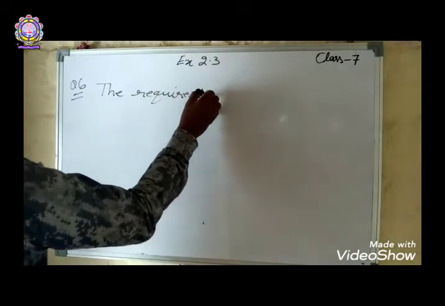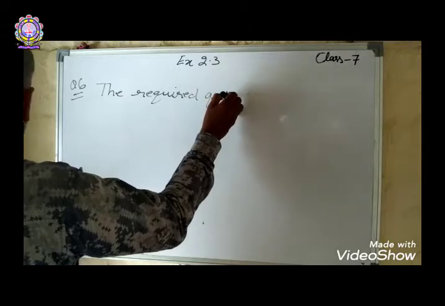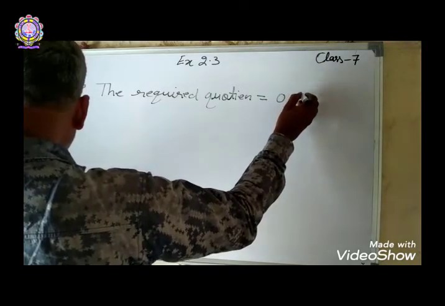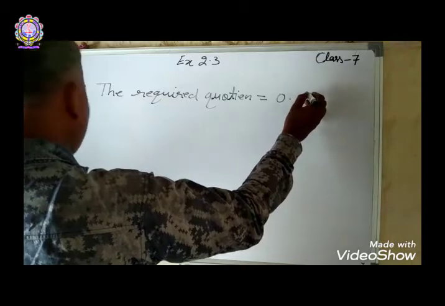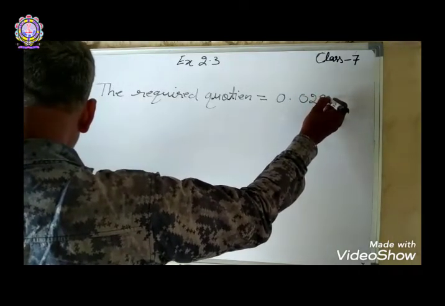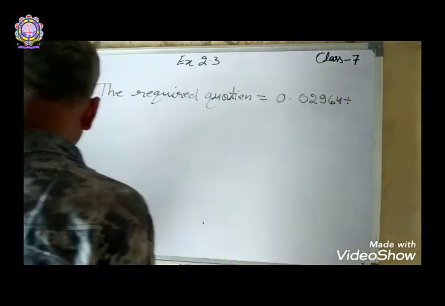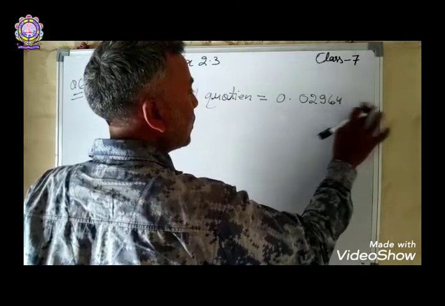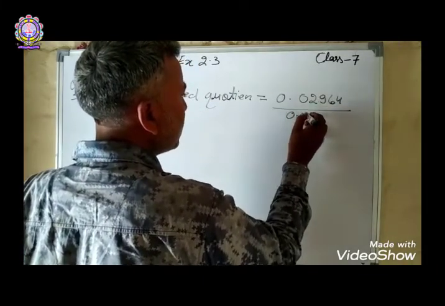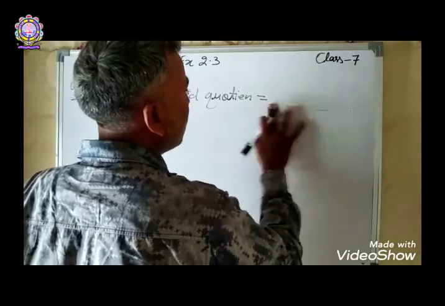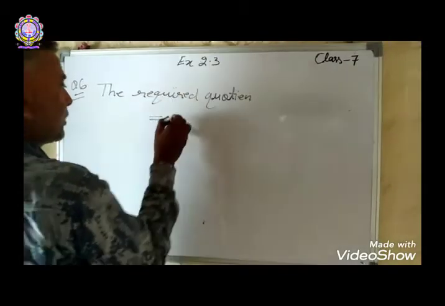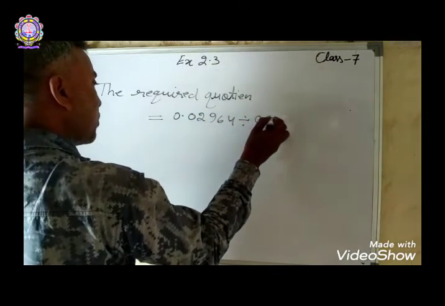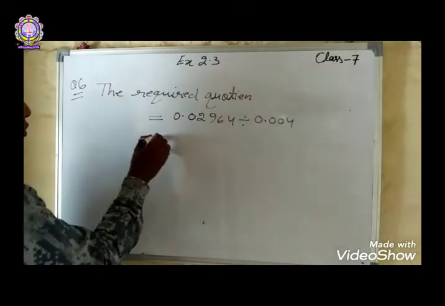The required quotient is equal to 0.02964 divided by 0.004. So how will it be divided?